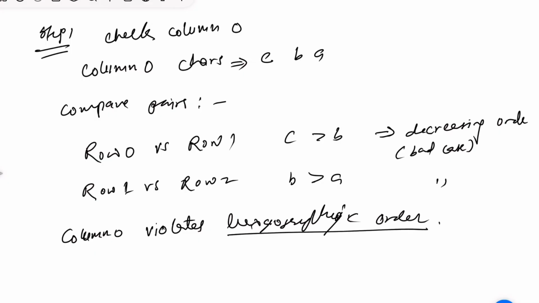So we delete column 0 and take the delete count as 1, correct?